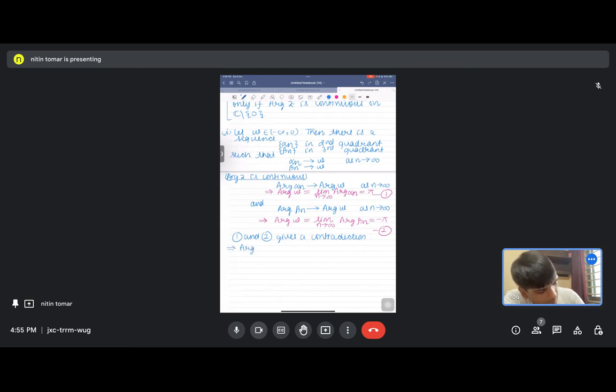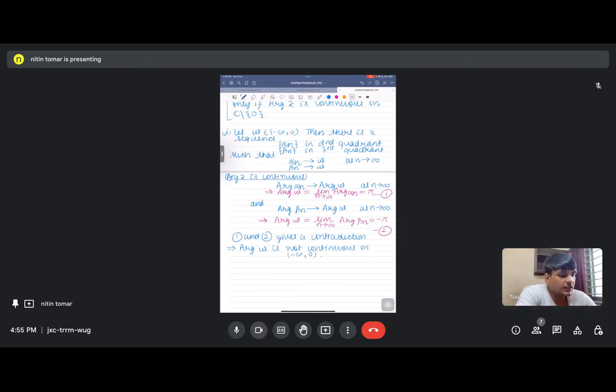Argument of w is not continuous on minus infinity to minus 0. Yes or no? Because w was an arbitrary point on the negative axis. Yes or no?